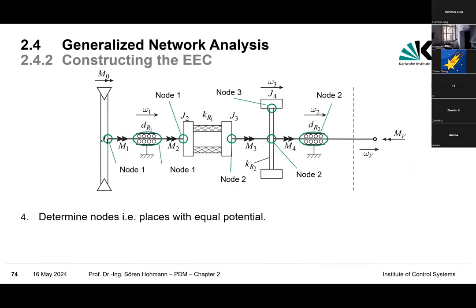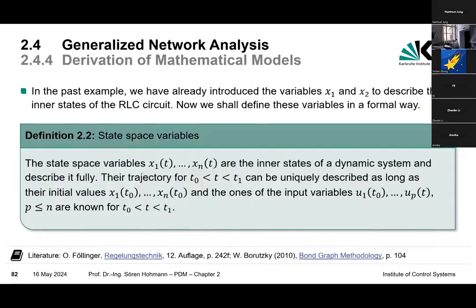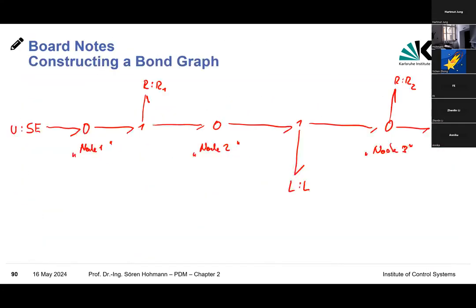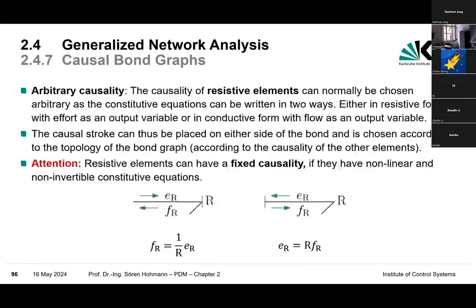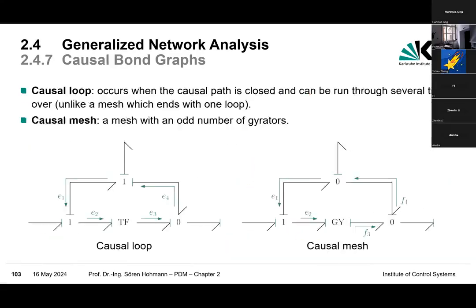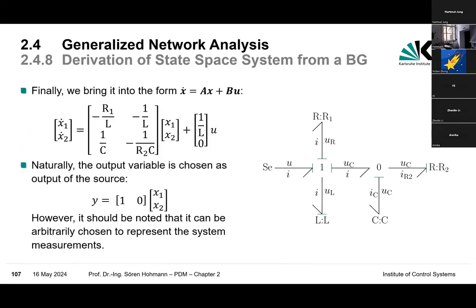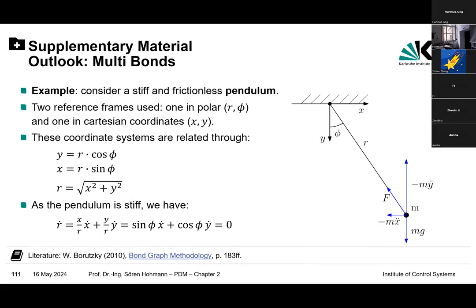Let's have a look at the following simple example. It might be even more complex, also supplementary material. Look at this simple inverted pendulum. If you want to describe this, you can describe the movement of the mass pendulum, moving up and down.